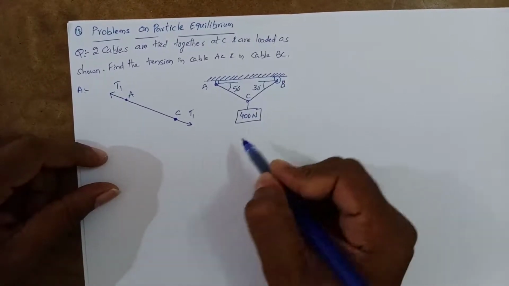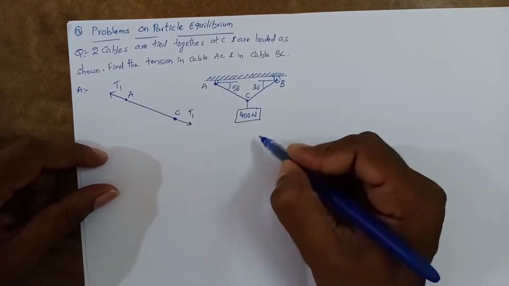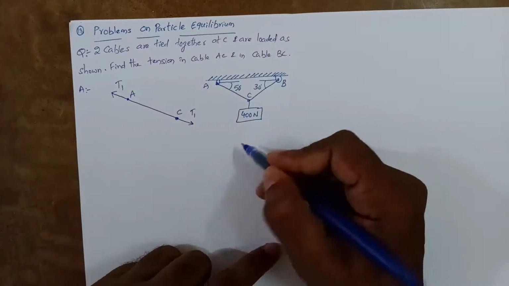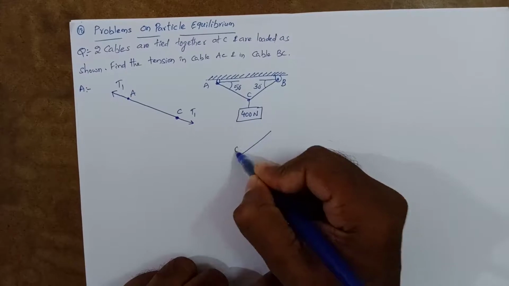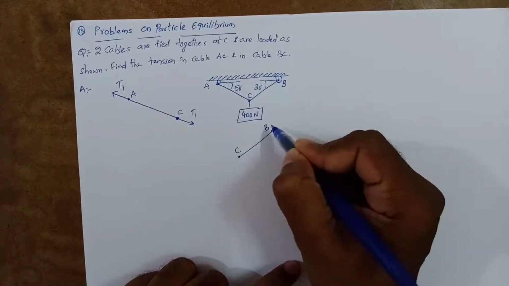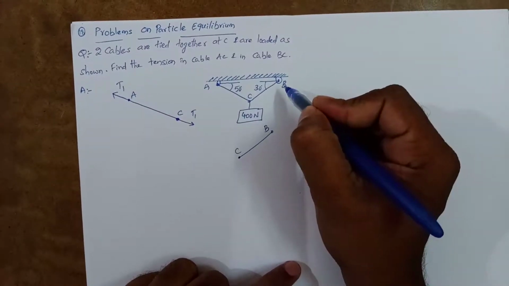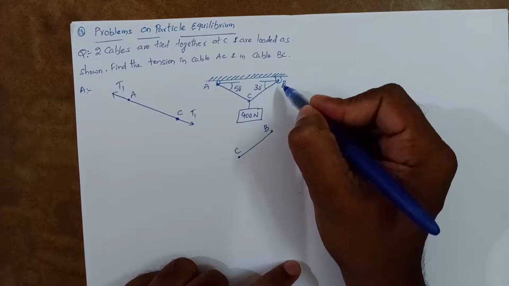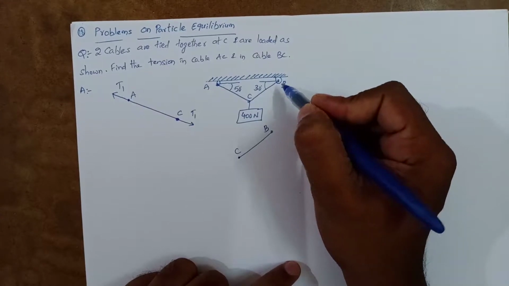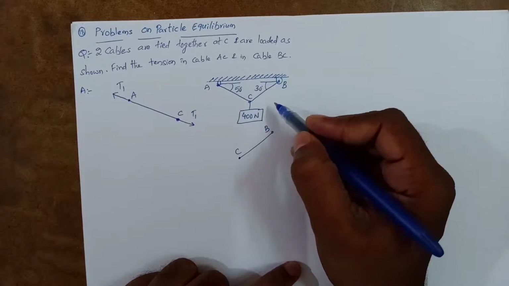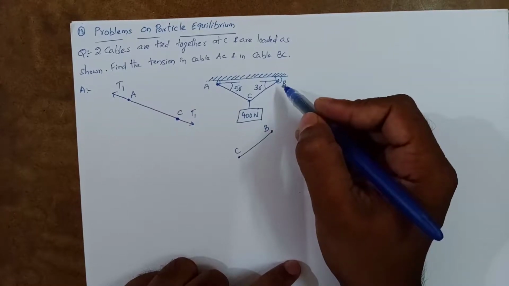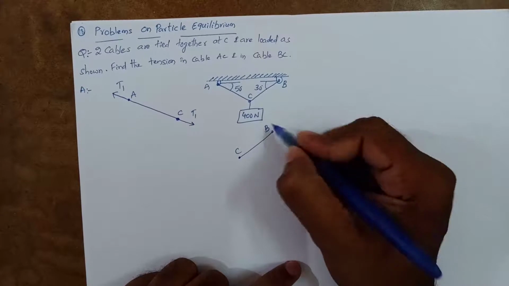Similarly, now if you see this cable BC here, at B the cable BC is in contact with this hinge at B. So for the cable to be in tension, this hinge will pull this cable BC in this direction.